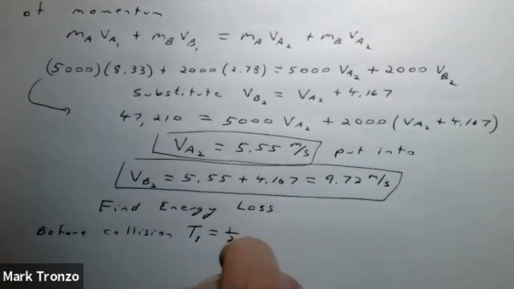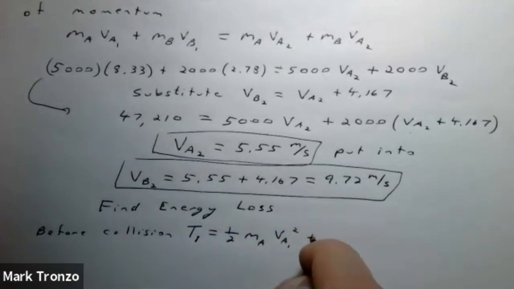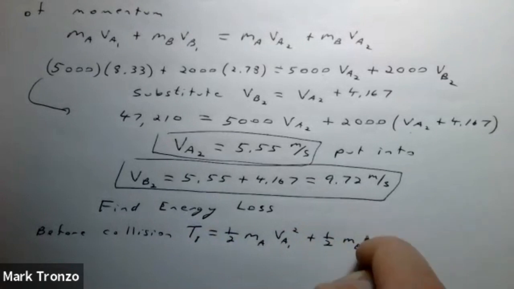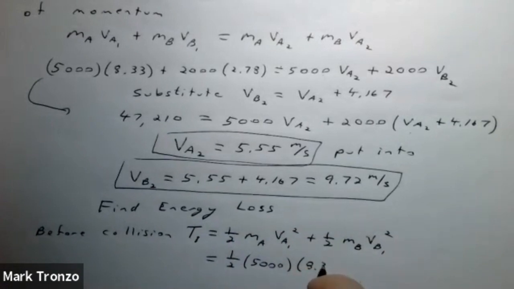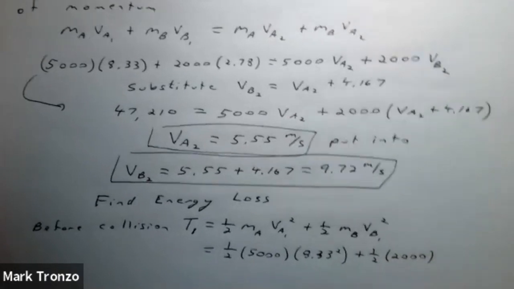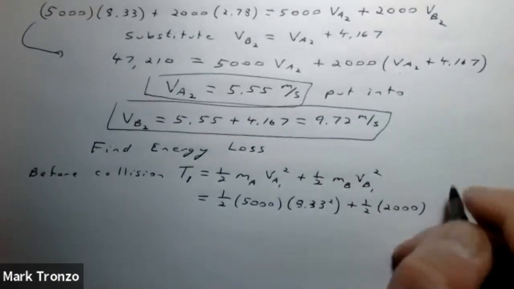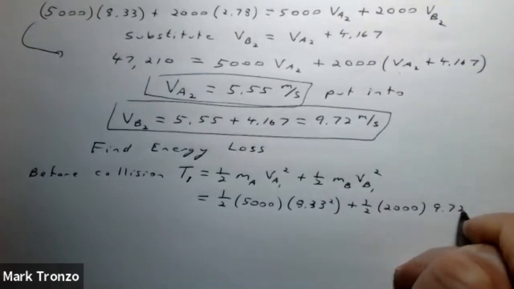So it's 1/2 MA VA1 squared plus 1/2 MB VB1 squared, and put those values in: half times 5,000, then we just found the velocity is 8.33, plus half times 2,000 times 2.78 squared.